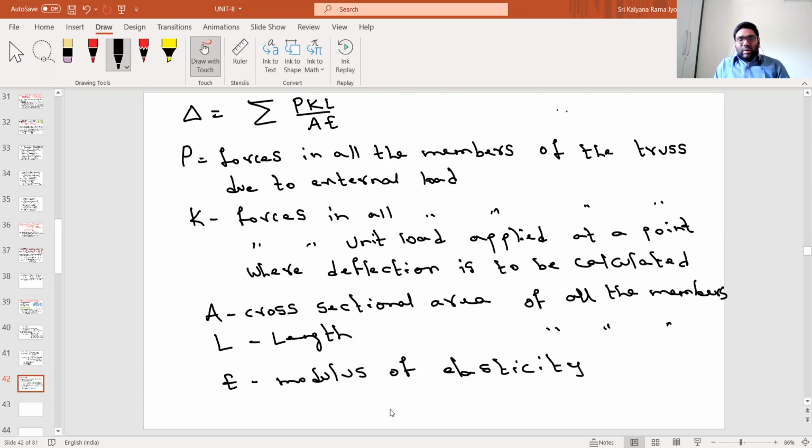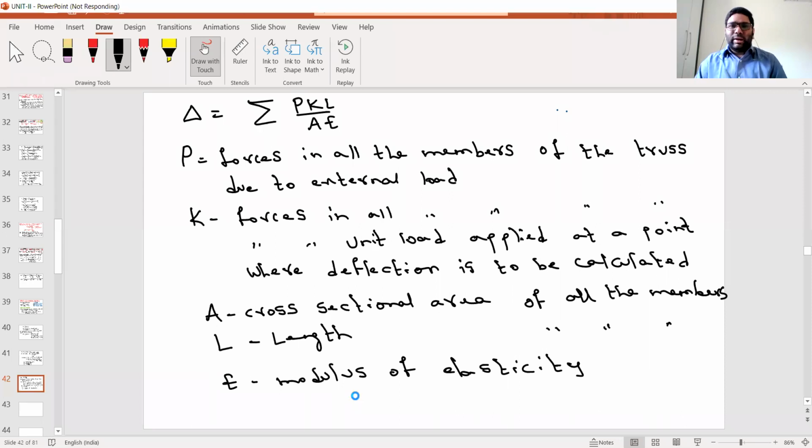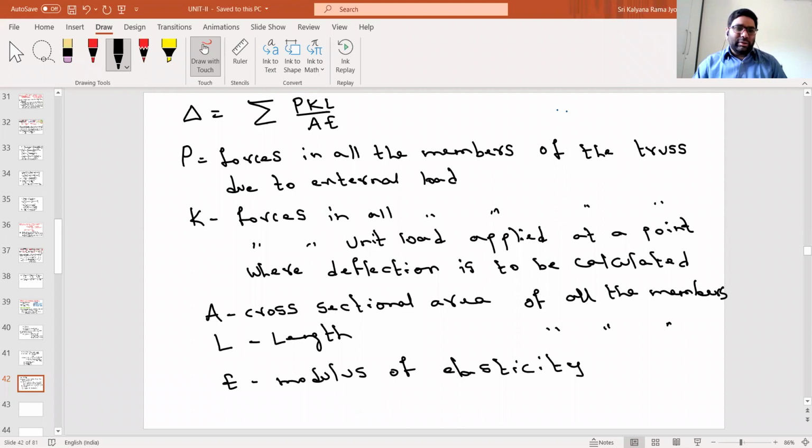So this is how we try to calculate the deflection of a pin jointed frame using unit load method.